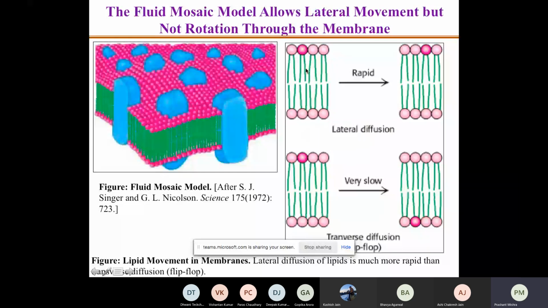So asymmetry will be lost. So that is what is not happening. Under normal conditions, the lipids remain asymmetric, the proteins remain asymmetric. And when I say asymmetry, that means the composition of the membrane in the outer part and the inner part are different, and they remain whatever they were in the pre-existing membrane.